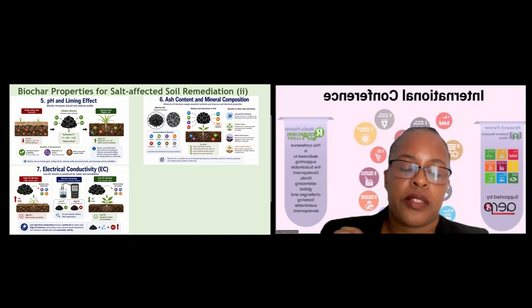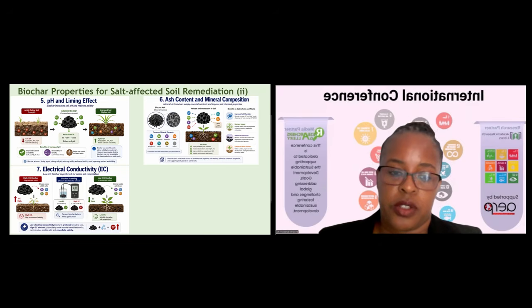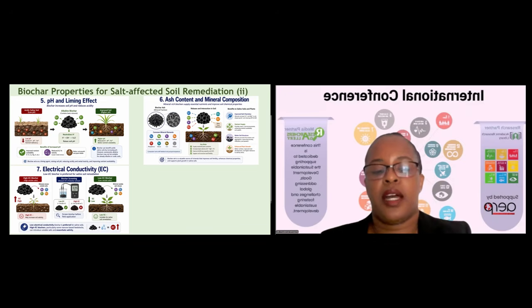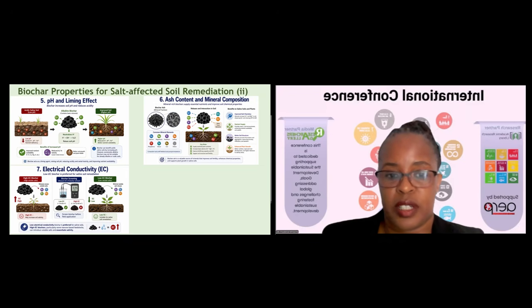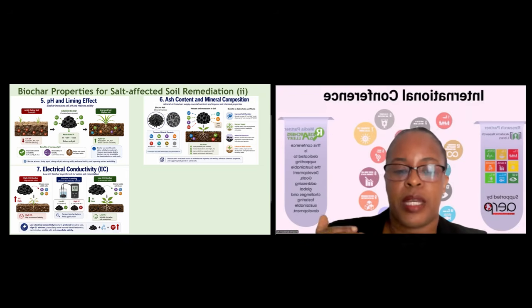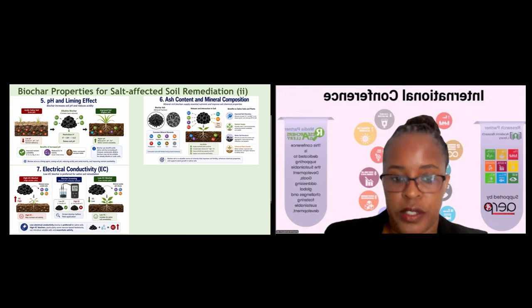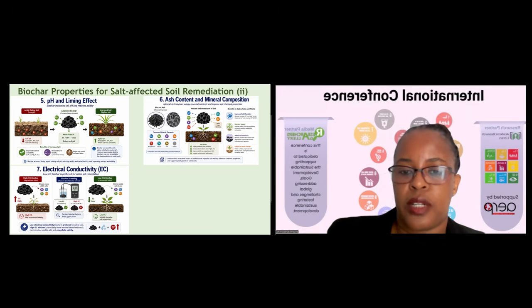When you're selecting a biochar for use in salt-affected soil, you have to be very careful, because a biochar with high electrical conductivity will include soluble salts and may make salinity even worse than before. So that is one property that has to be looked at carefully when selecting a biochar.